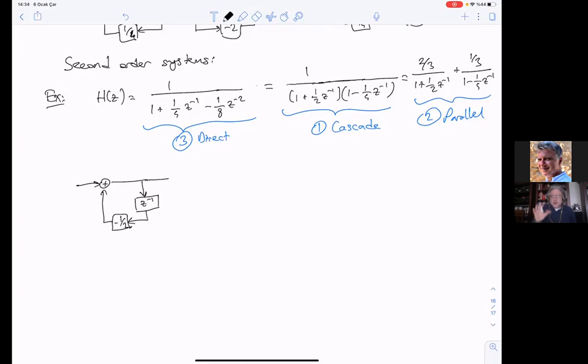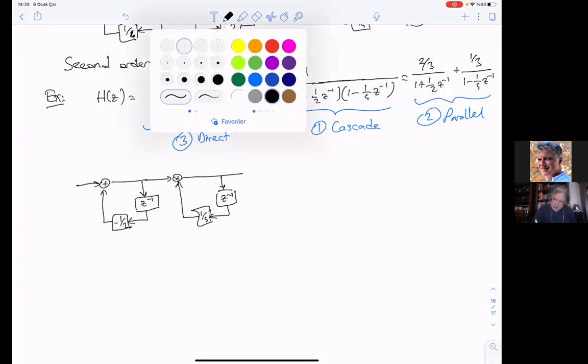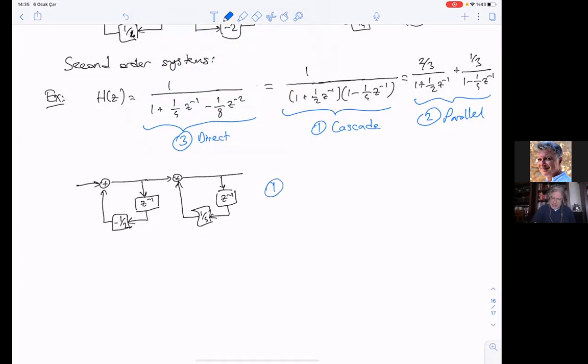And that makes the first part, 1 over 1 plus 1 over 2 z inverse. And the output is further put into the second first order system, which is here. Z to the minus 1. The feedback is 1 over 4. And there's a feedback. So this is realization number 1, the cascade realization.